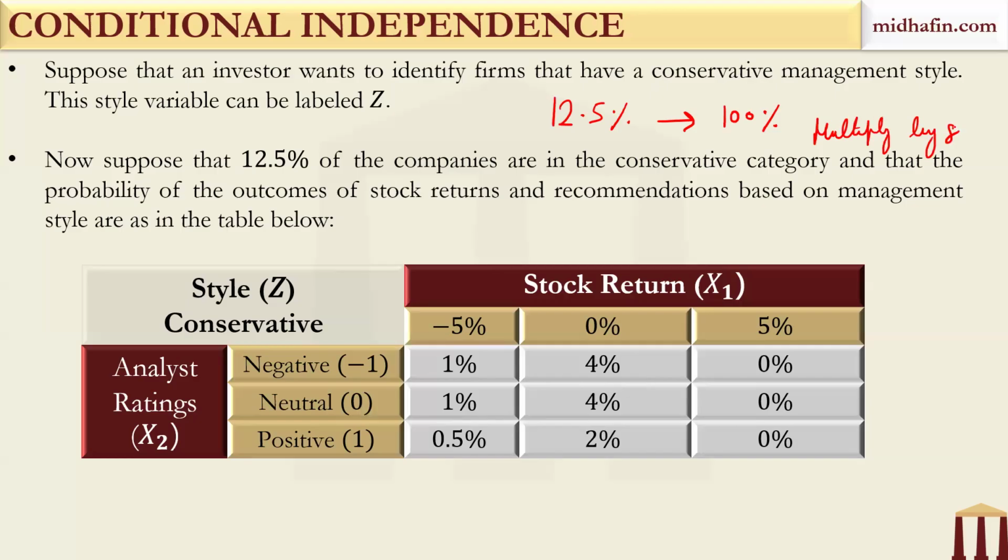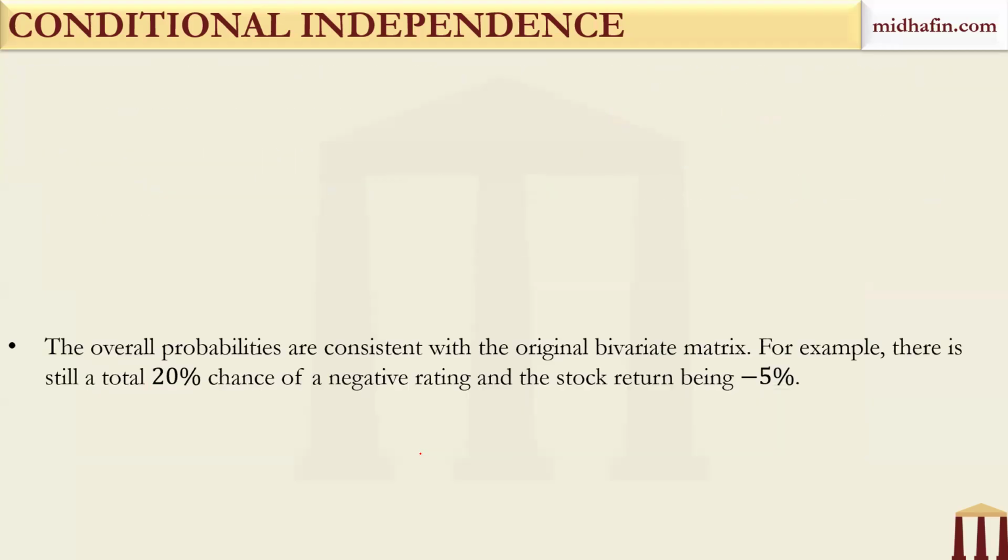Just like in the conditional probability visualization, we were changing that 60% to 100%, and accordingly we were scaling everything else also. So if you are multiplying by 8 to make it 100%, obviously all these probabilities will also be multiplied by how much? 8. Exactly.